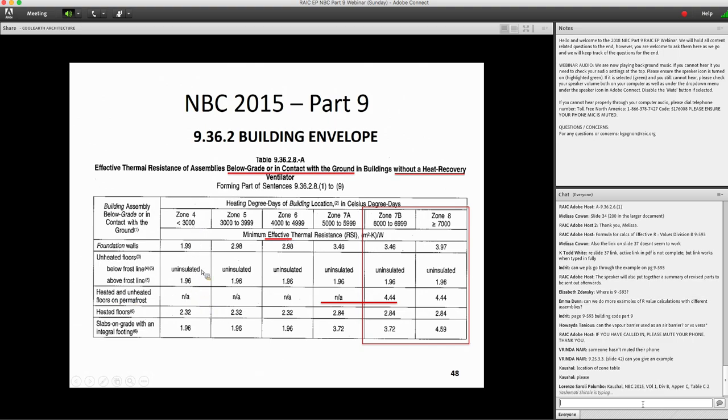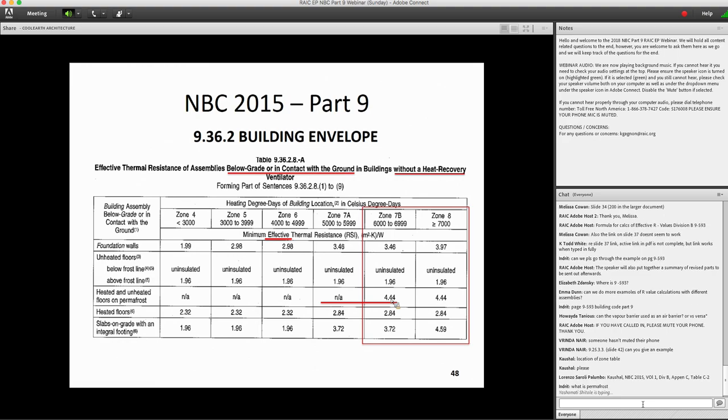When you're in zone 4, 5, 6, 7, you basically don't have permafrost, or it seems that you don't have. But when you jump into 7B or 8, that's where you do have to put insulation for sure, because you might have heat losses through that wall, that assembly, and you don't want that to sink.